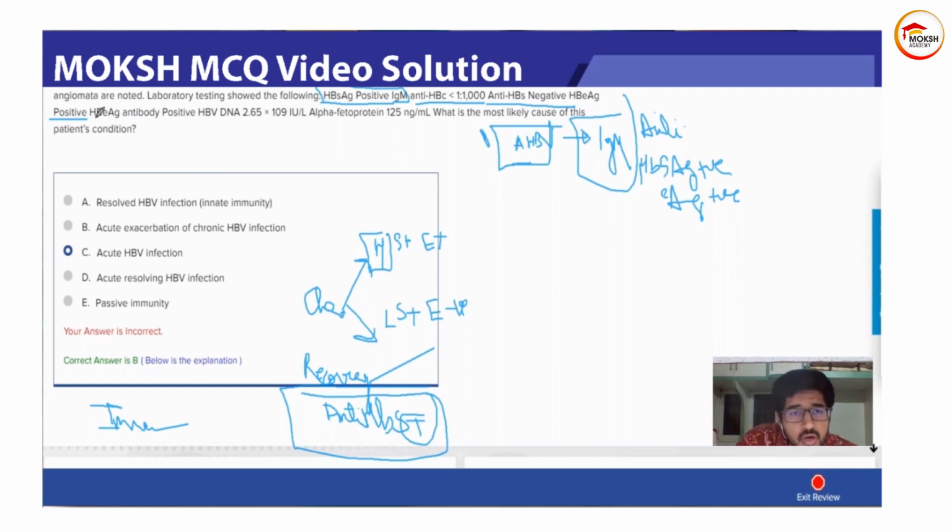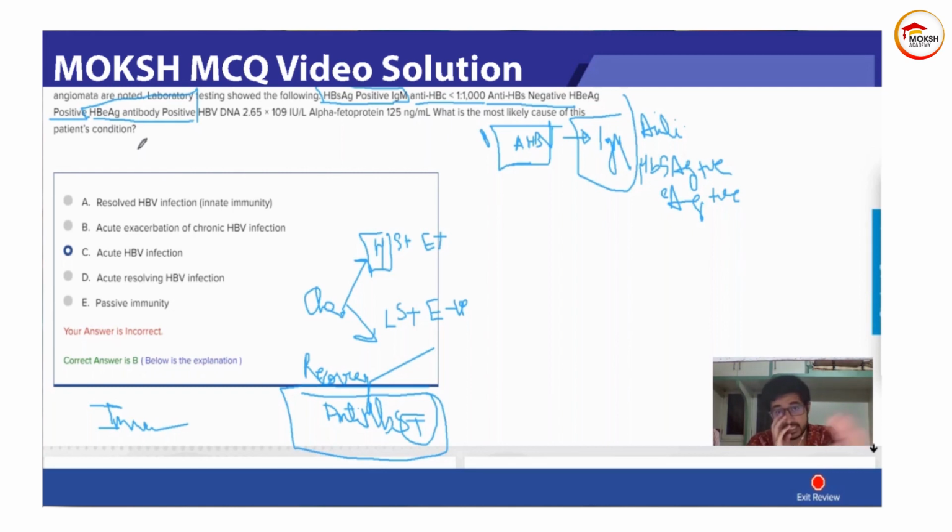Now, for some reason, this says anti-HBe positive, and I have not been able to find out exactly why they are telling us both positive, but maybe they are just telling you that this is a chronic infection. So chronic infection will have antibodies to HBeAg positive. I'm not talking about high or low transmissibility, just a chronic infection.